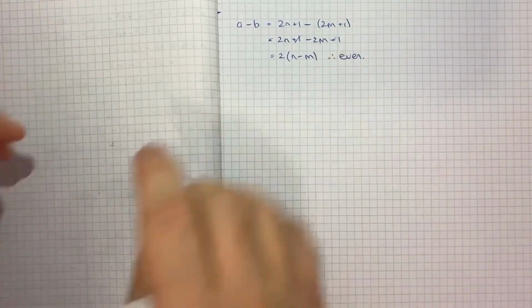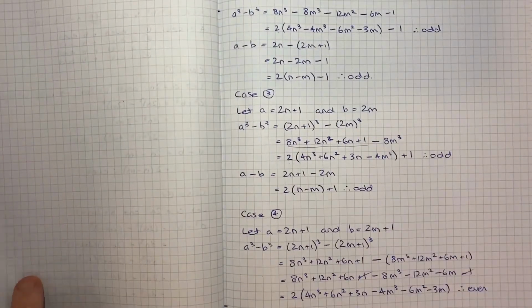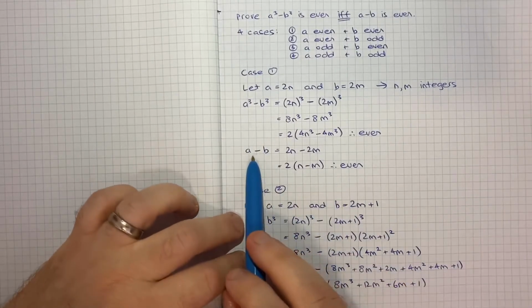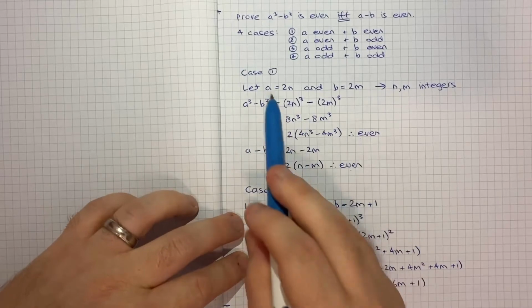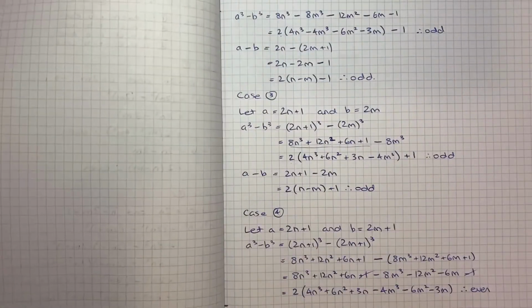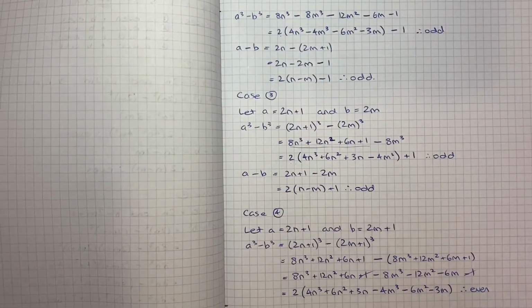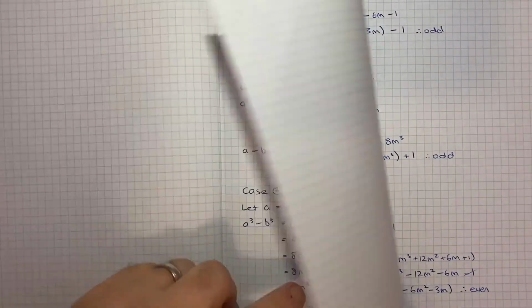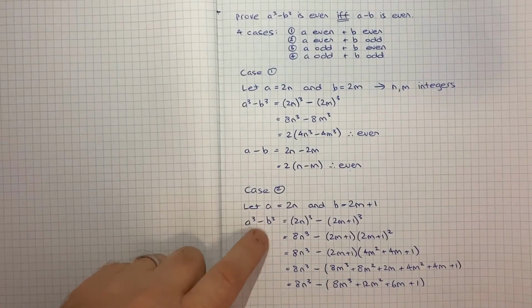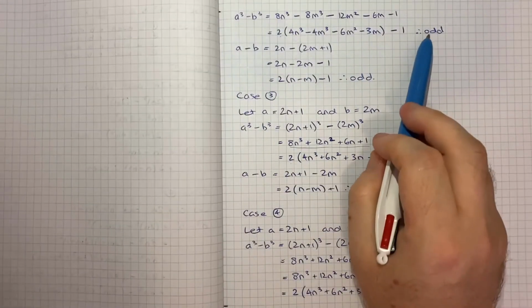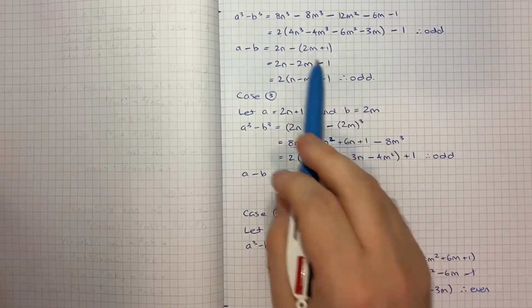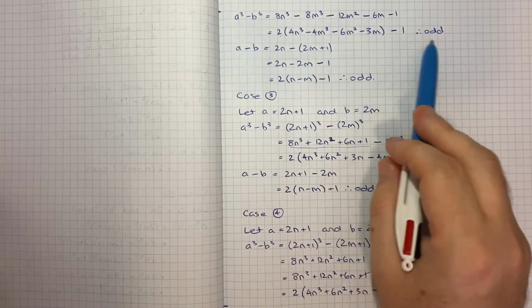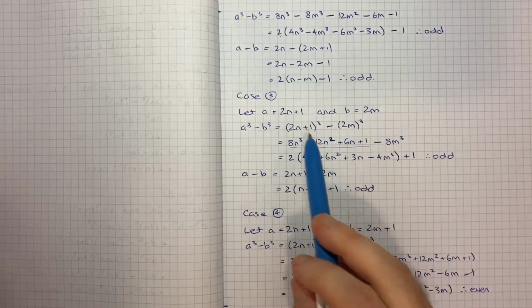So now that we've worked through our 4 cases, we see when a minus b is even, a cubed minus b cubed is even, and that happened in case 1 and case 4. And when a minus b was not even, a cubed minus b cubed was also not even, and that was in case 2 and 3.